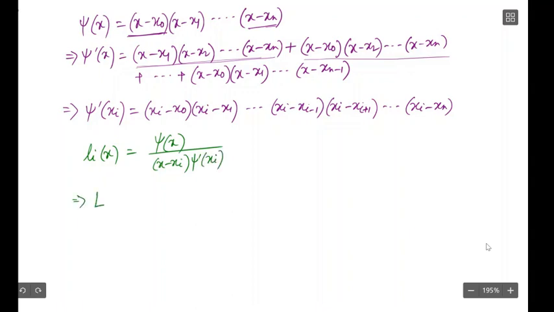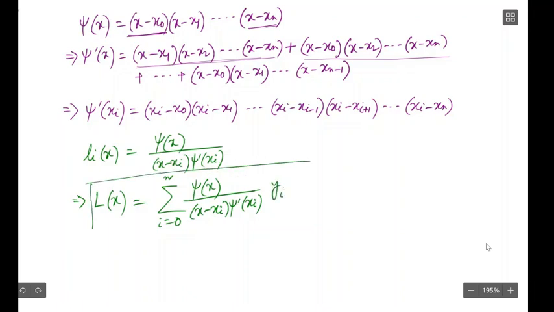Thus, Lx equals to sum i equals to 0 to n psi x by x minus xi into psi dash xi times yi. This is another form of Lagrange's interpolating polynomial.